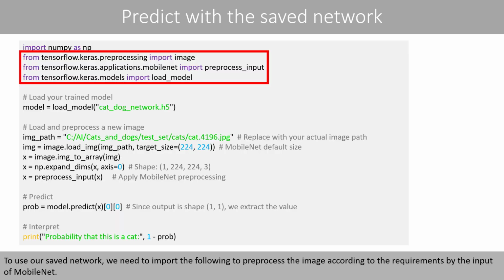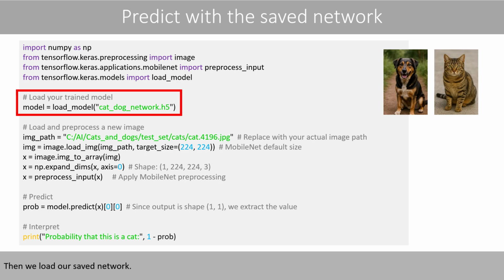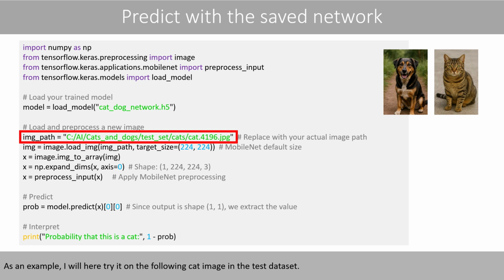To use our saved network, we need to import the following to preprocess the image according to the requirements by the input of MobileNet. Then we load our saved network. As an example, I will here try it on the following cat image in the test dataset.